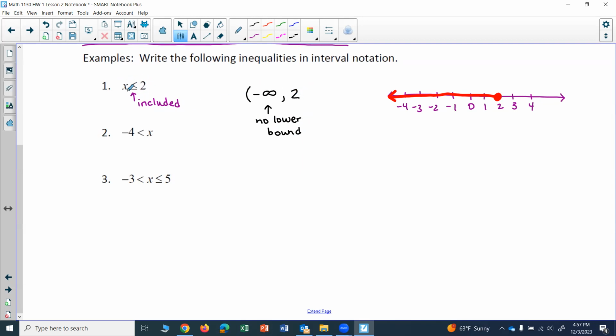And because of that or equals 2, that means 2 is included, so I use a bracket to include the endpoint. So to include 2. So this would be the interval notation of x is less than or equal to 2.